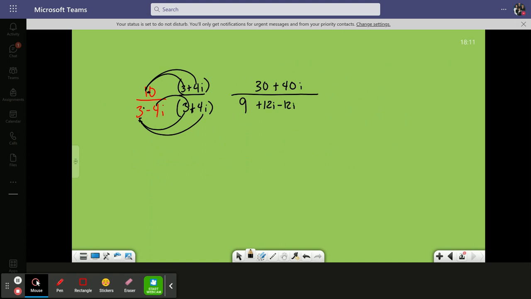And negative 4i times positive 4i gives me a 16i squared. I'm sorry, that's wrong. Y'all call me out when you see me do that. That's a negative, isn't it? What do my 12i's do? They're gone, right? And negative 16 times negative 1 becomes a positive 16. And 9 plus 16, 30 plus 40i over 25.